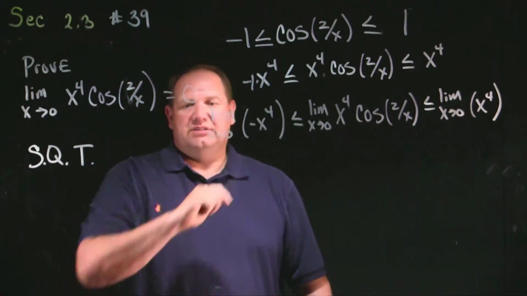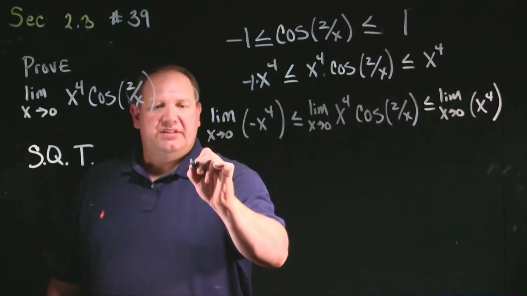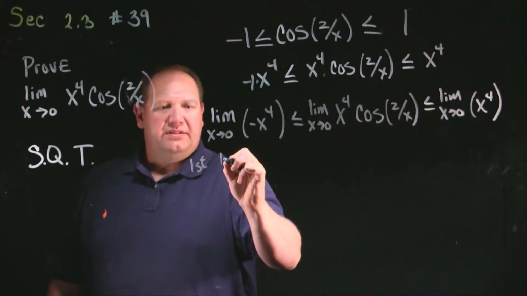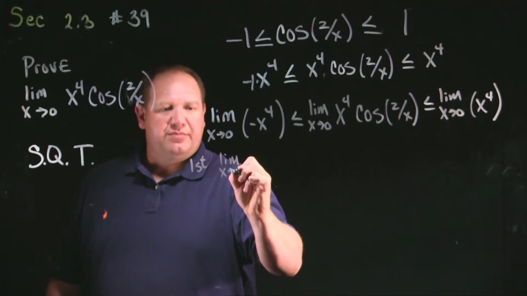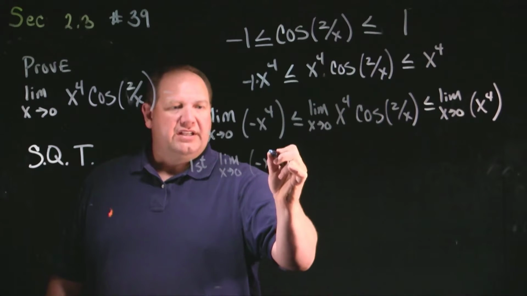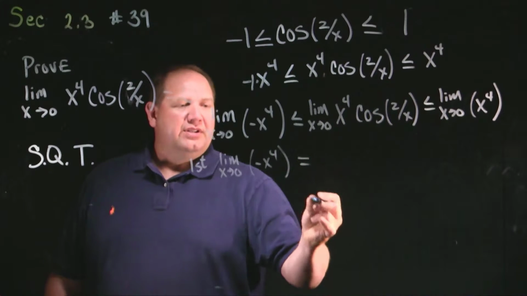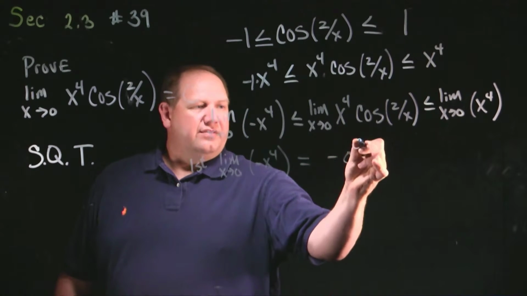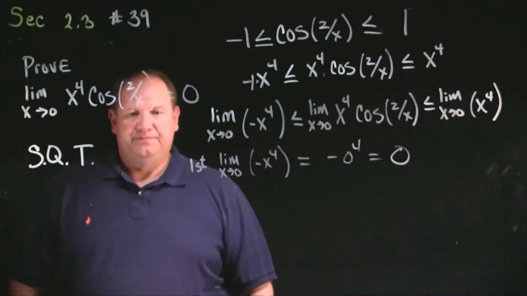This one is the limit as x approaches 0 of negative x to the fourth. Well, that's the same as negative 0 to the fourth, which is equal to 0.